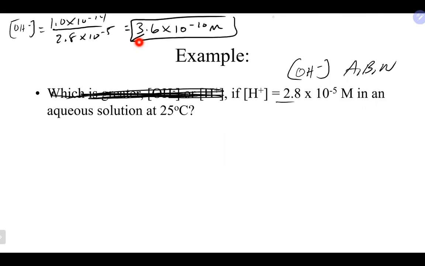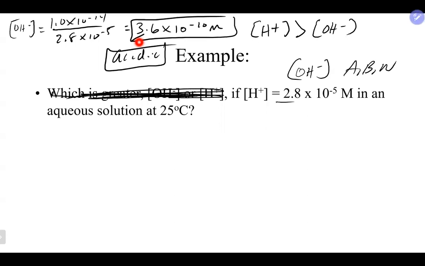And that means that if we compare here, we are going to find that the H plus concentration is larger than the OH minus concentration, which means this thing would also be acidic for sure. Question on how to use KW and the calculation?